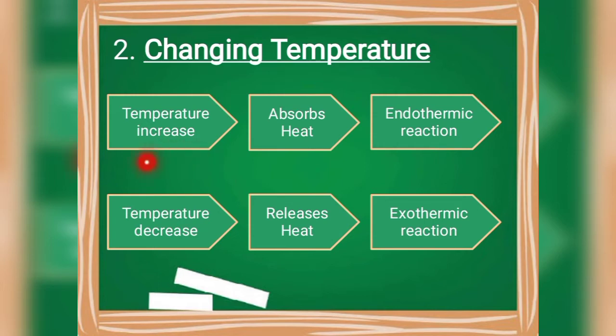If temperature increases, the system will move in the direction which absorbs heat, thus favoring endothermic reactions. If temperature decreases, the system will move in the direction which releases heat, favoring exothermic reactions.